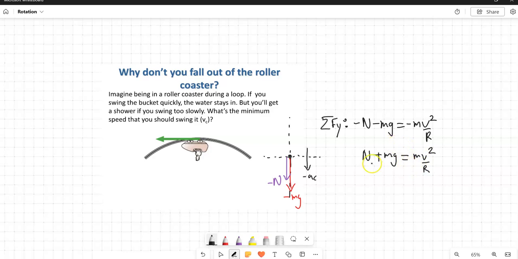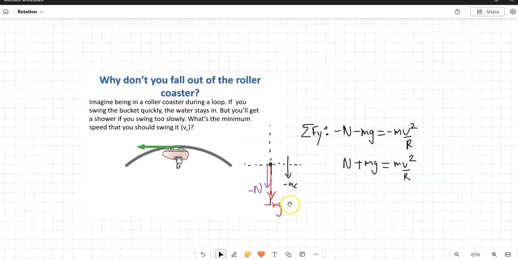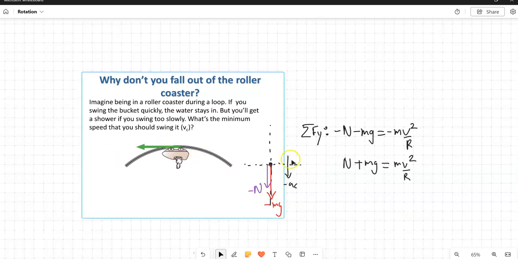And what we could say is this: we want to make sure that we're able to just barely get over that hump. So if they're going too fast or really fast, the normal force is going to be acting on them.